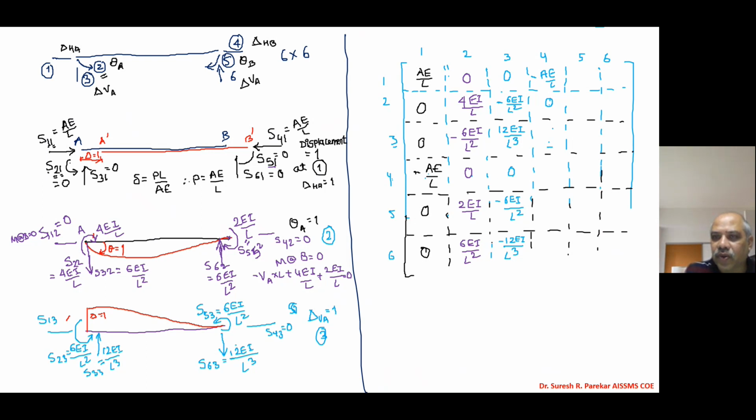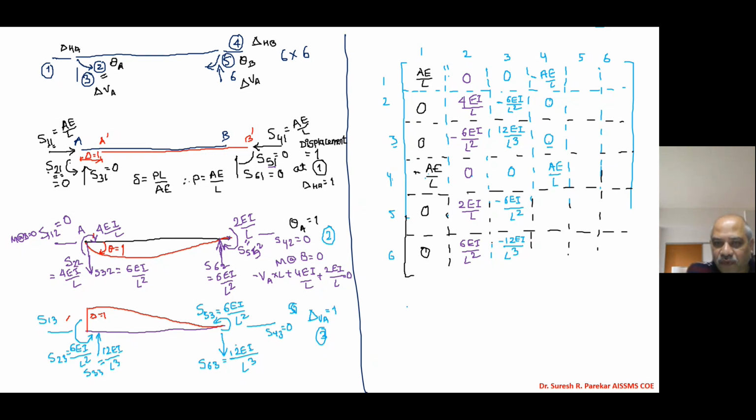S43 we have 0, so this value is equal to 0. Then we have S44. What value will we get? Both being 44, we will get this value AE by L.